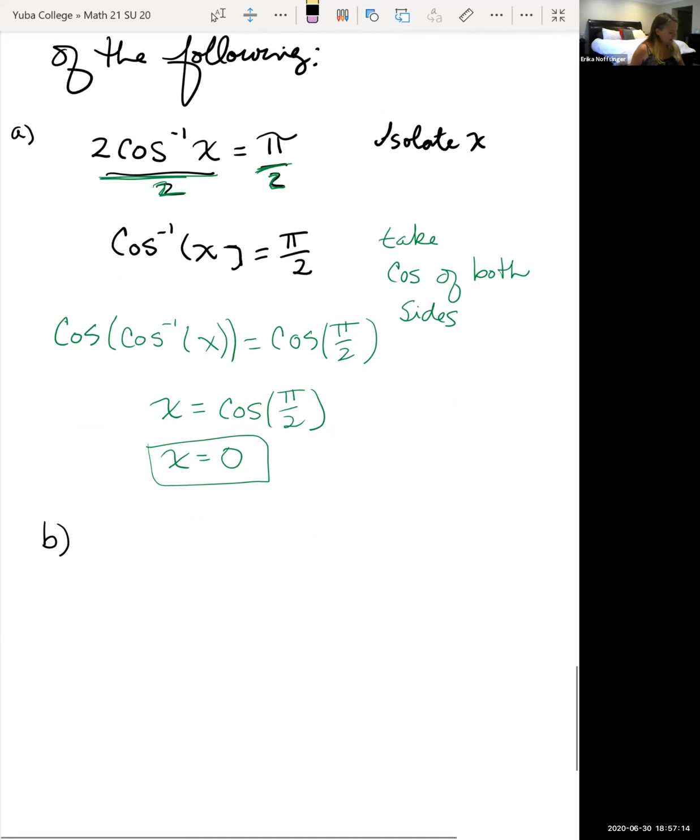So same kind of idea. Let's say we have 5 sine inverse of x minus 2 pi, outside of that parentheses, is equal to 2 sine inverse of x, and then outside of that is minus 3 pi.